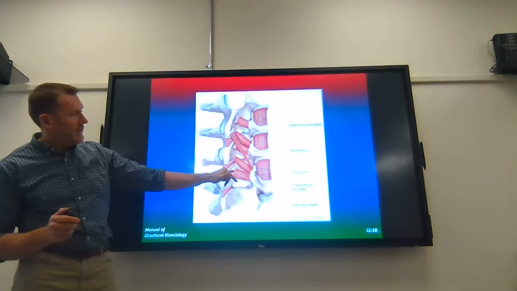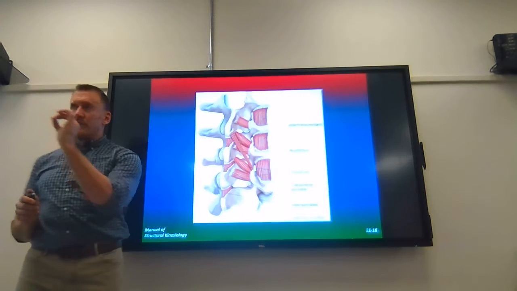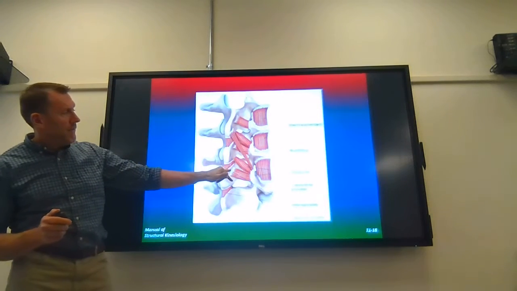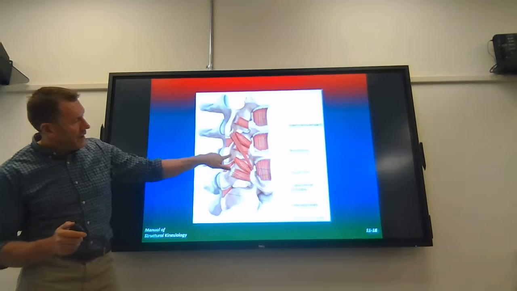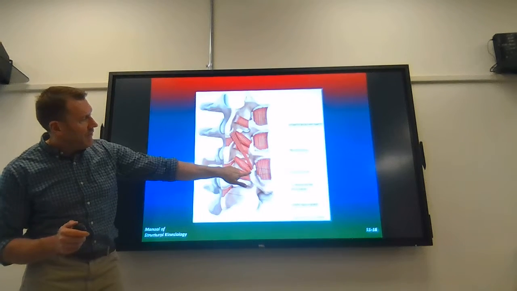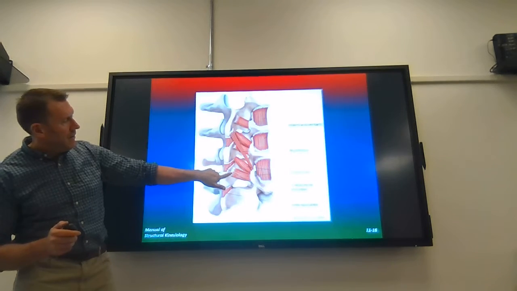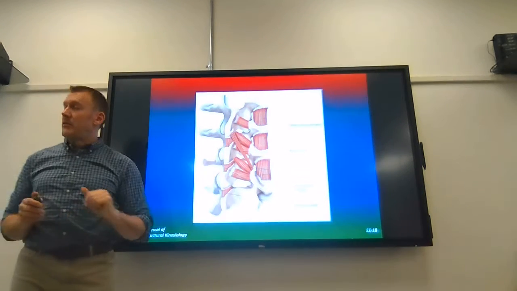So you have this little fascicle, this bundle of muscle cells that connects these two adjacent vertebrae. So you also have this one right here that connects the superior articulating facet with the spinous process of the vertebrae that's 1, 2 above there.